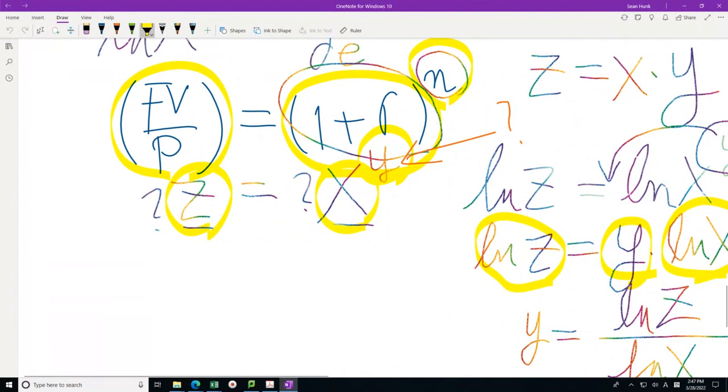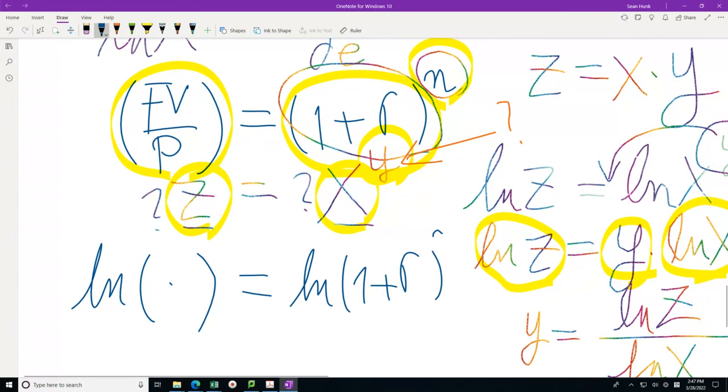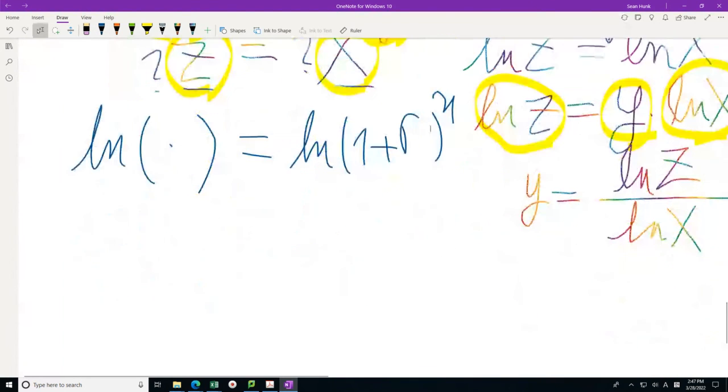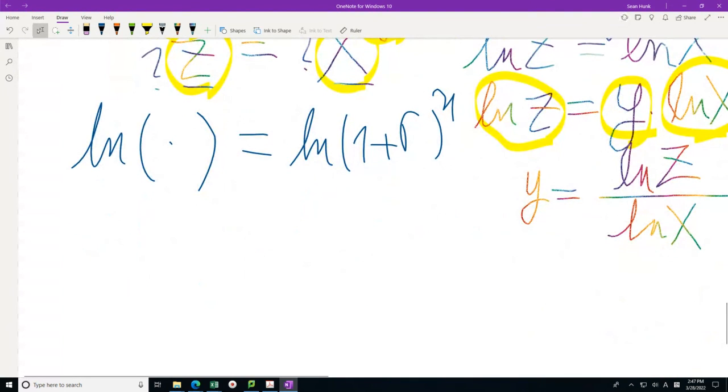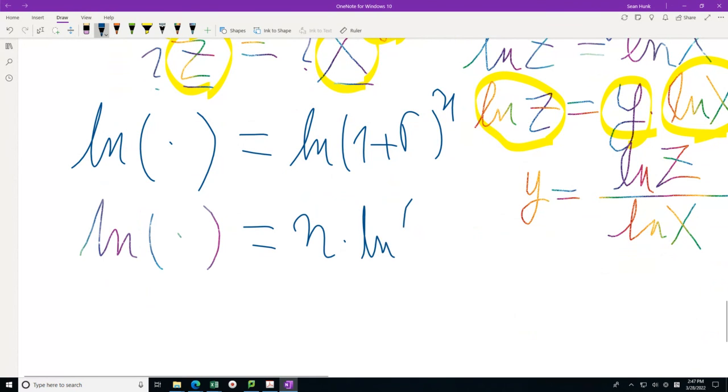So what do we have to do? We take the natural log of the thing in the bracket, I'll just call it the thing in the bracket for now, and then natural log of 1 plus r raised to n. Thanks to the properties of log, this can turn into natural log of the left-hand side. The right-hand side will be n times natural log of 1 plus r.